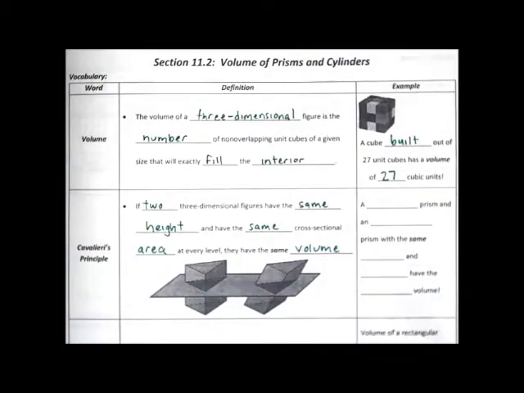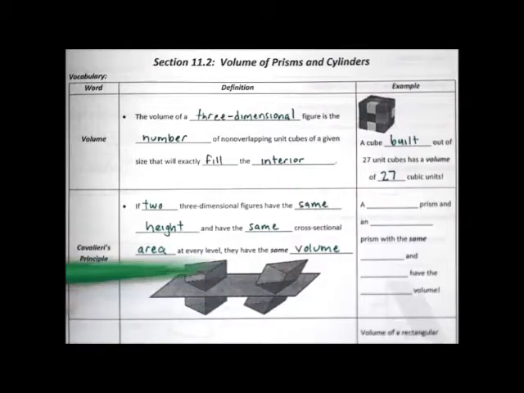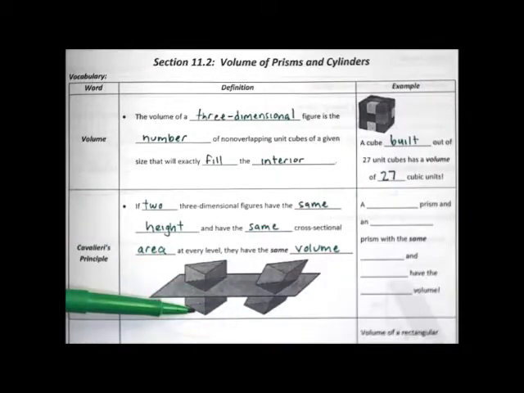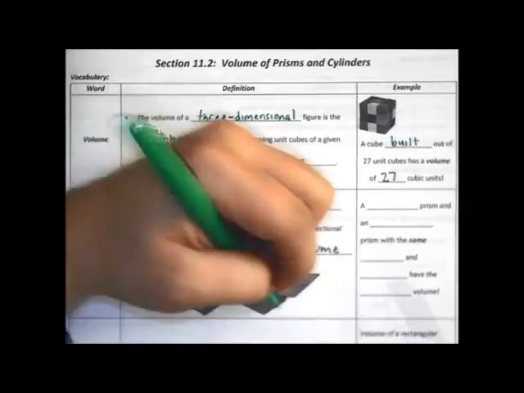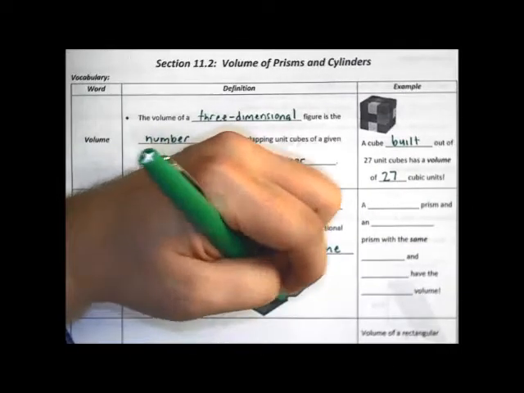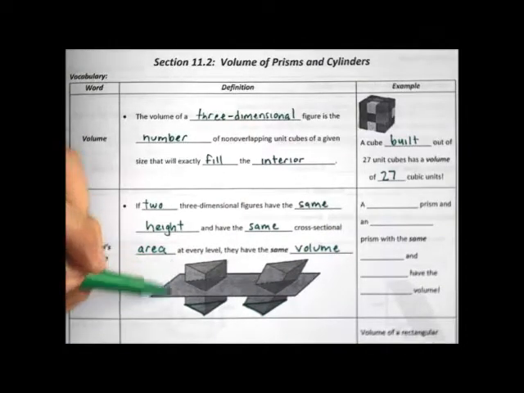This might be confusing when just reading, so I want to show you this picture that shows both of these two figures or solids have the exact same base, right here, same base. And if you notice, they end up having the same height as well.